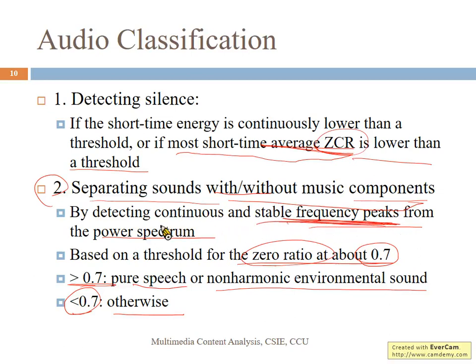Okay, because we have already known that for music component, they have more stable frequency peaks. Okay, and here we calculate the zero ratio. So on the other hand, for pure speech or non-harmonic environmental sound, there are more zero ratios.